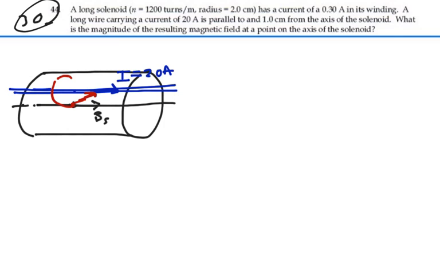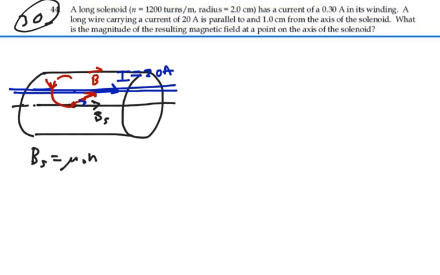Hence, we will have a right angle right here, and that magnetic field, just call it B, is going around like this according to the right hand rule. So we need to add these two magnetic fields, and they're going to be perpendicular to each other on the axis.